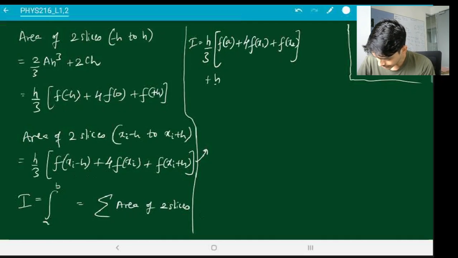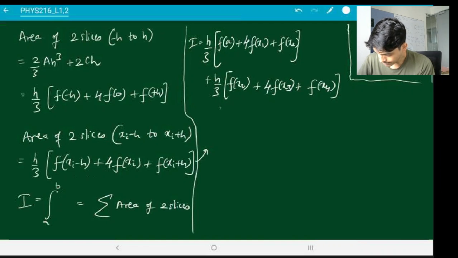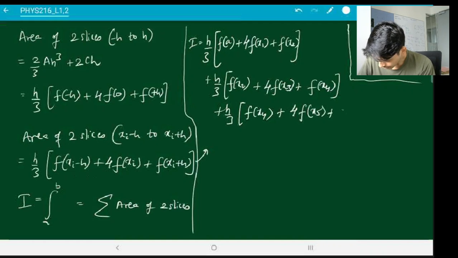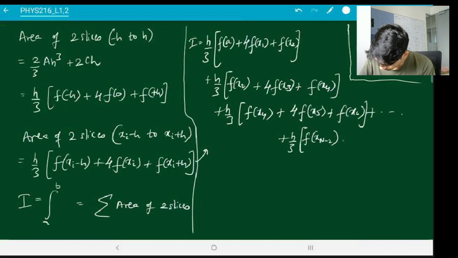But the next set of two slices gives you f of x2 plus 4 times f of x3 plus f of x4. Then the next set of two will give you f of x4, 4 times f of x5 and f of x6. And then you keep going like this, and in the end you will have the last one, f of x n minus 2, 4 times f of x n minus 1, and f of xn, which is just b.